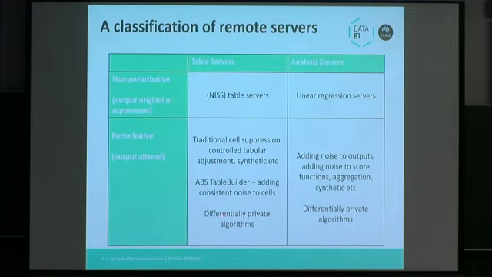Differentially private algorithms also, of course, fit into the remote server, table server paradigm. And analysis servers, you can add noise to the outputs, add noise to score functions, you can do aggregations, you can give synthetic outputs, and differentially private algorithms, of course, there as well. So that's just a brief overview of how I've classified them for the purposes of this talk.